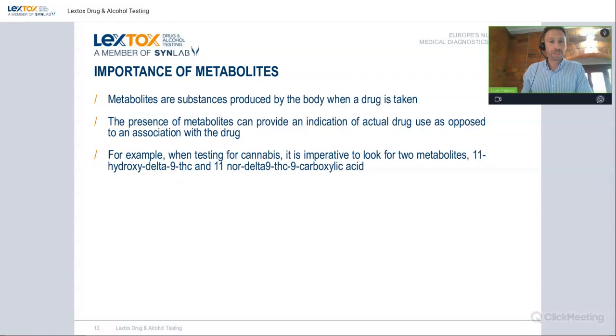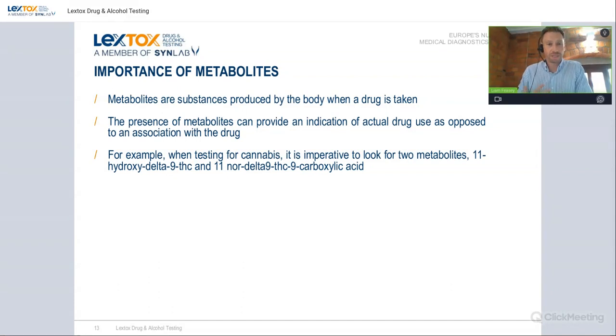Now, when we undertake the test, we look for the parent drug, and in many of the drugs that we detect and test for, we look for the presence of metabolites. A metabolite is a substance which is produced by the body when a drug is ingested.